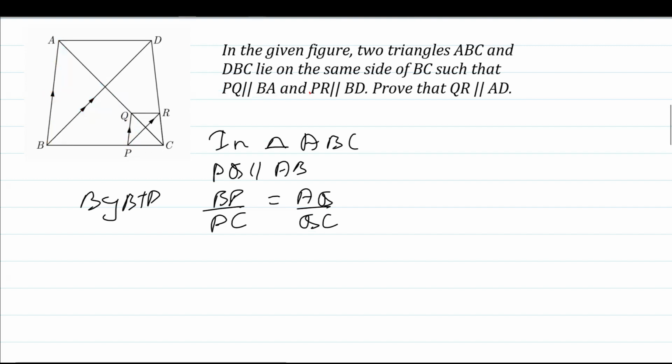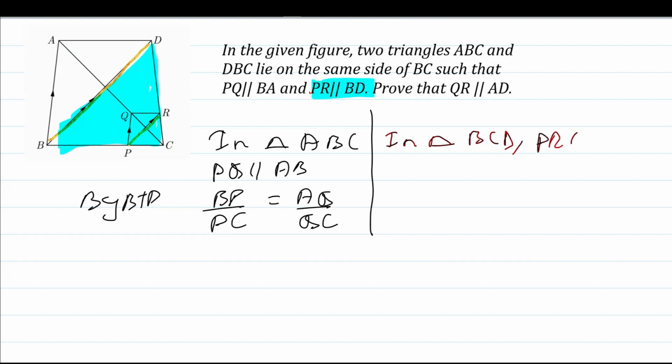So we have used this information. Now check for the second relation. We have PR parallel to BD. So we'll be applying BPT again, but this time in triangle BCD, where PR is parallel to BD.